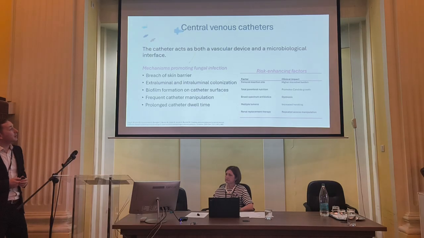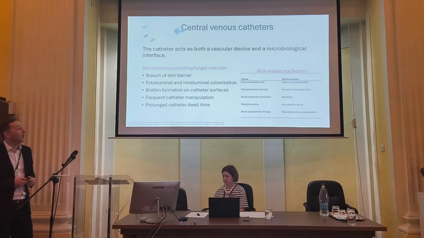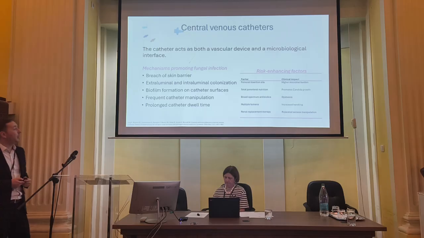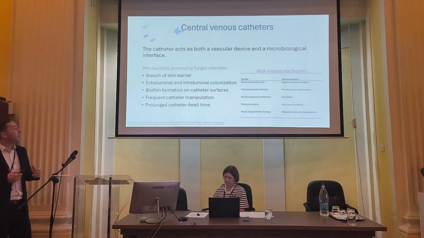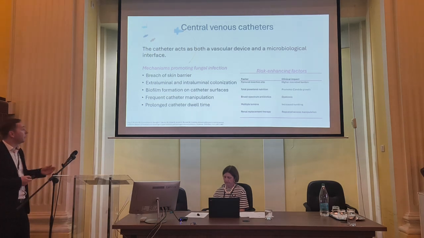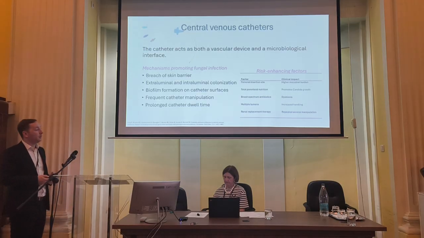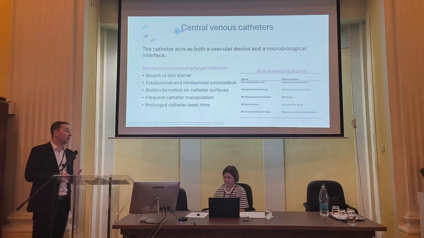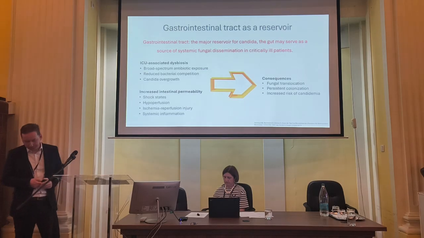It has been noticed, and there is a lot of work showing, that the femoral insertion site is a place of higher microbial burden and translocation of fungus. Use of more than 2 lumens increases frequent catheter manipulation and increases the chances. Why is this important? Because in antifungal stewardship, we need to remove these catheters when we don't need them anymore.